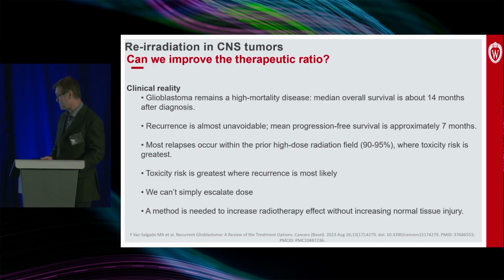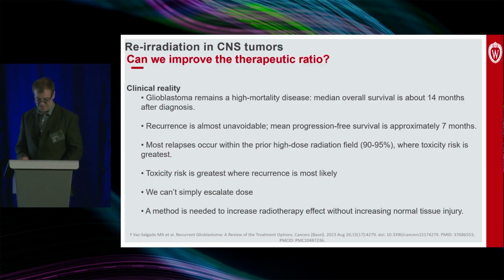Most relapses occur in the prior high-dose field, so the 90 to 95% of the radiation dose is where the recurrence tends to occur, and it's also where the toxicity risk is highest, from necrosis and multiple different kinds of myelopathies. And so the toxicity risk is greatest where the recurrence is most likely, and so we can't really just escalate the dose.